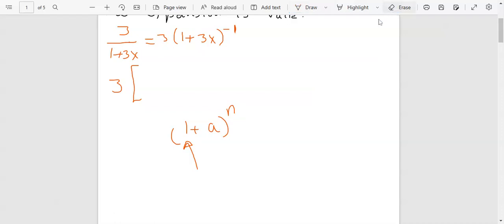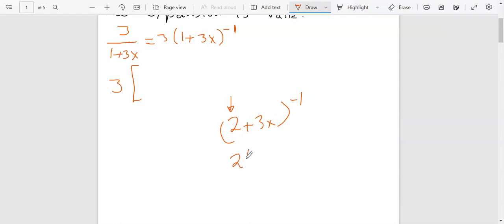Every time you have an expansion that has got a negative power or a fraction power, always make sure that the first term is a 1. For example, if the function you are given is 2 plus 3x, now the power is negative 1, they're asking you to expand. First, always make sure that this is a 1. How can I make it a 1? I'm supposed to factorize out a 2. So this is going to become 2, open brackets.